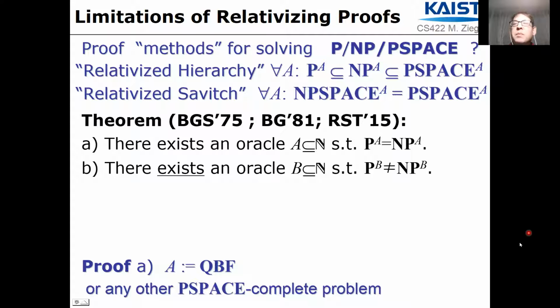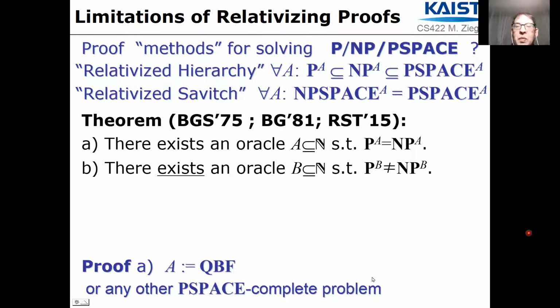The second claim is more involved and surprising maybe. Actually, the statement of the second item says that there exists an oracle. So Baker-Gill-Solovay proved and constructed such an oracle using an advanced diagonalization method.